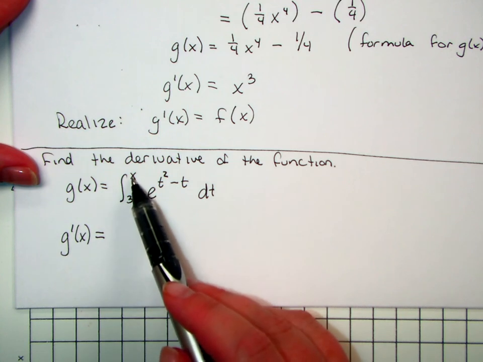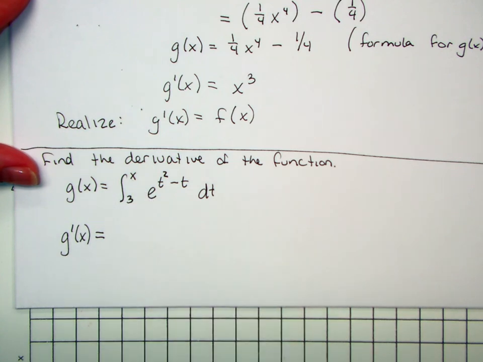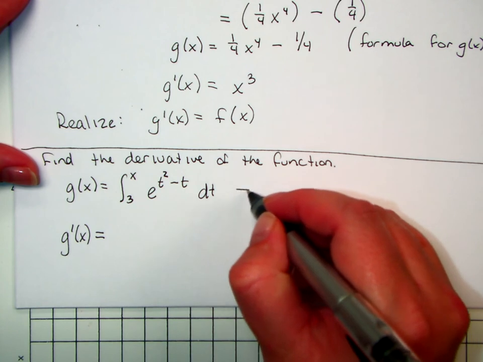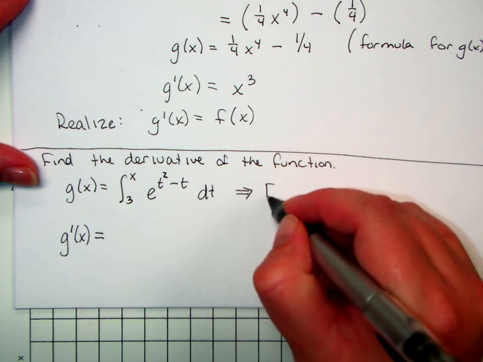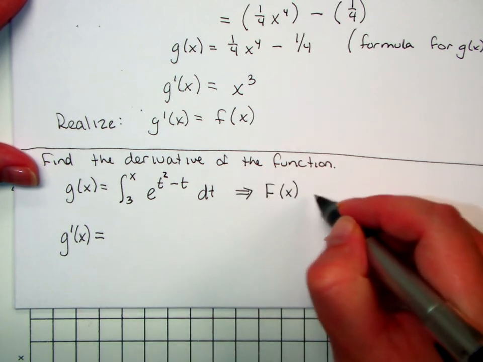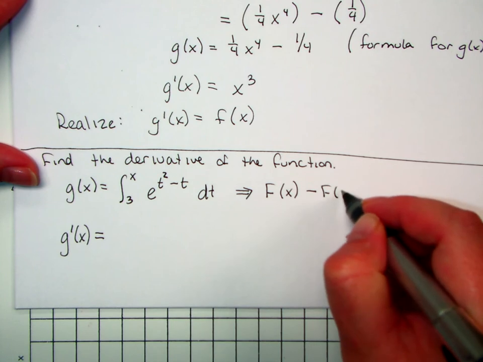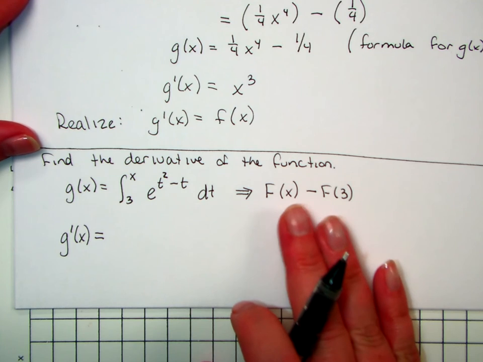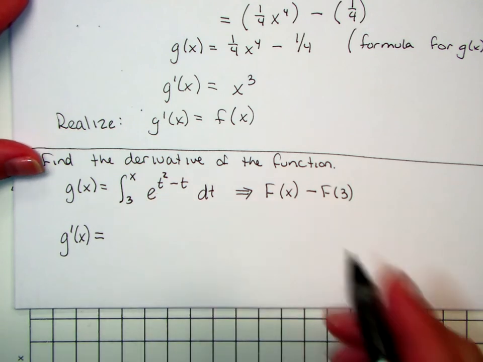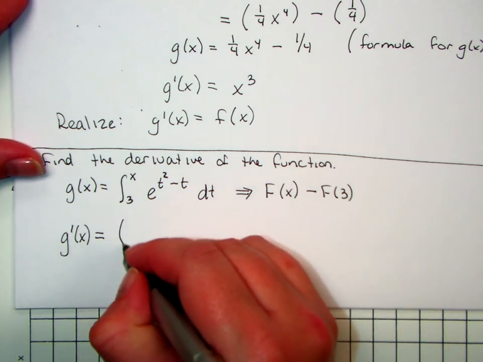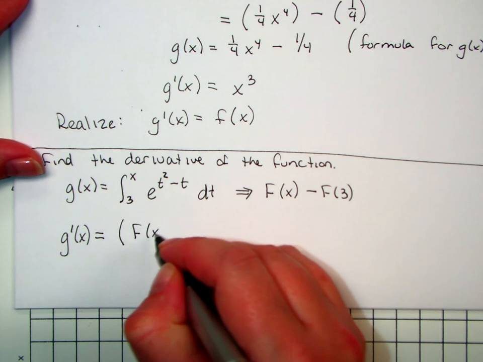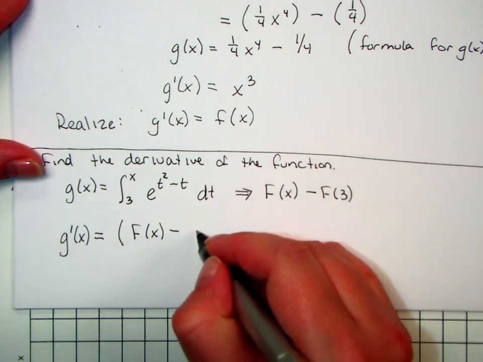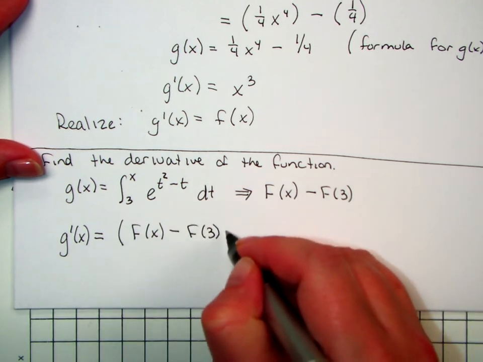But we're going to get the antiderivative evaluated at x minus the antiderivative evaluated at 3. Can I write it like this? Right? So if I take the derivative of what this integral equals, we're going to differentiate f of x minus f of 3, right?